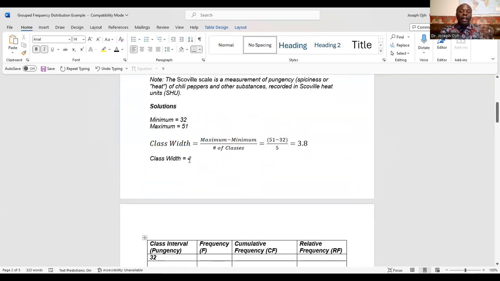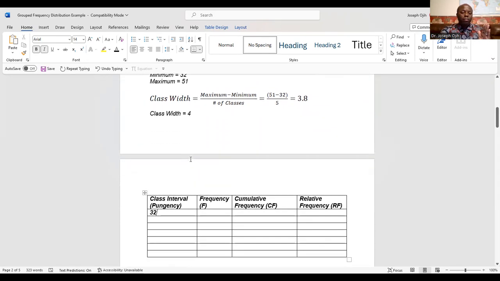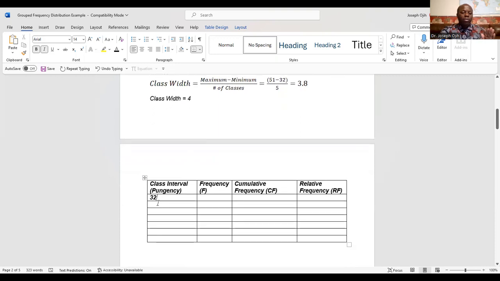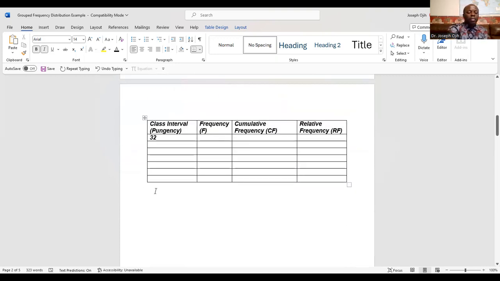So you keep adding the class width until you get the 5th class. Okay? So if you add 4 to this, that will give us 36. If you add 4 to 36, that will give us 40. And when you add 4 to 40, that gives us 44, right? You add 4 to this, give us 48.